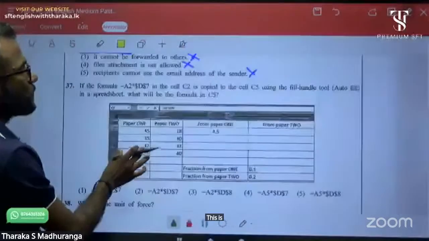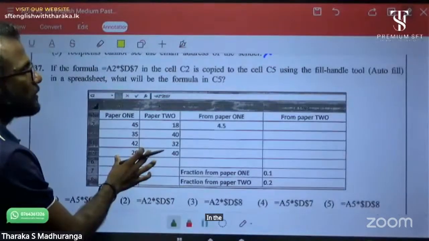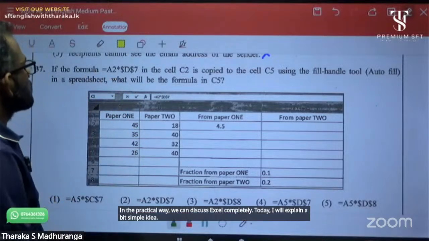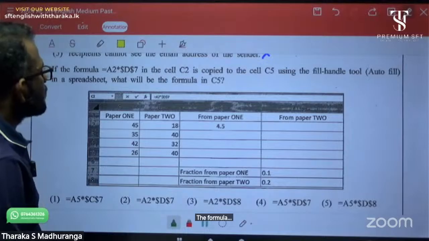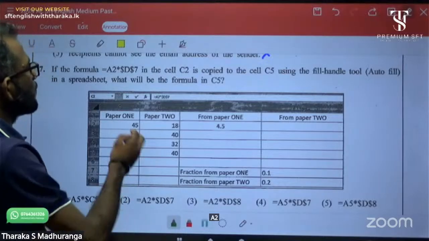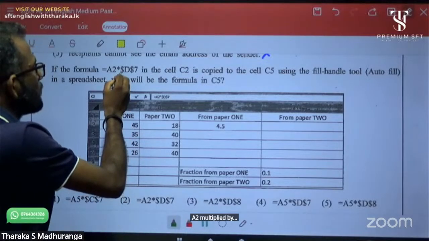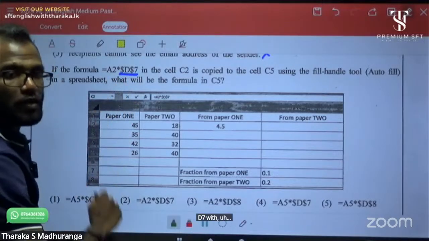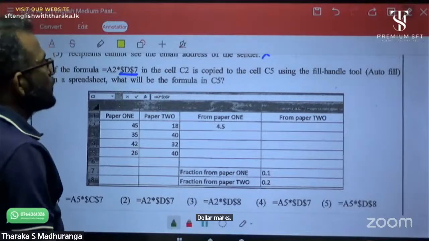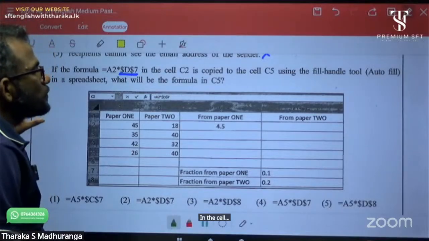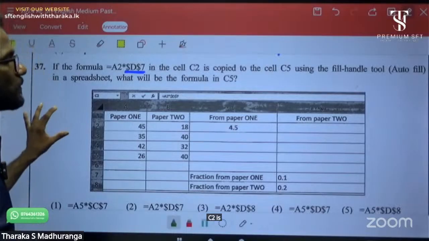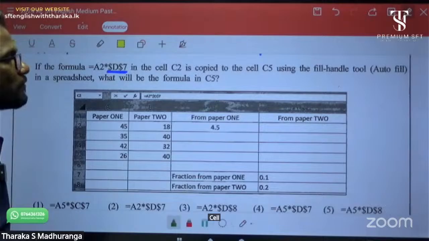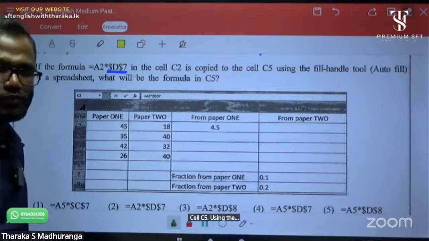This is the most important question. In the practical day, we can discuss Excel completely. Today, I will explain a simple idea. The formula A2 multiplied by $D$7, with dollar marks, in cell C2 is copied to cell C5 using the fill handle tool, the autofill tool.